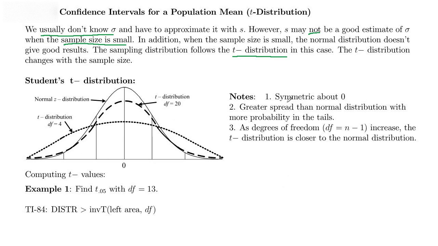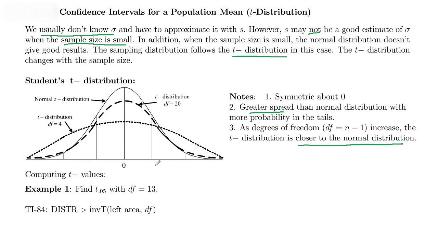So the t-distribution is symmetric about 0. It's got greater spread, so greater variation than the normal distribution, with more probability in the tails. And then as our degrees of freedom, which is defined to be sample size minus 1, increase, the t-distribution gets closer and closer to a normal distribution.